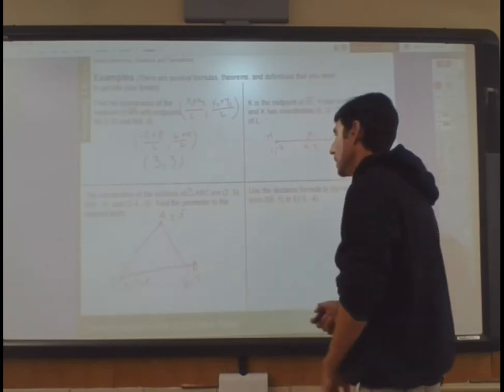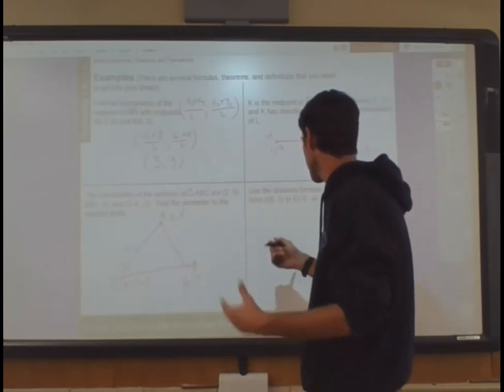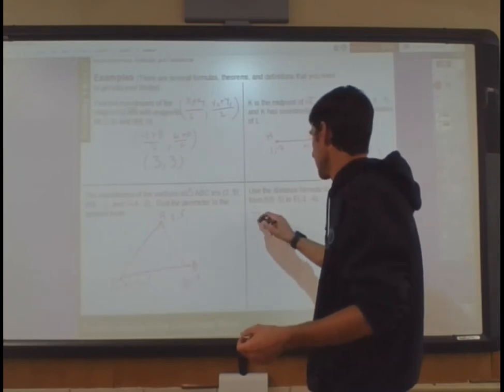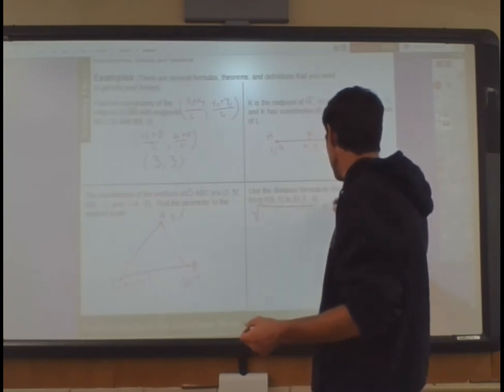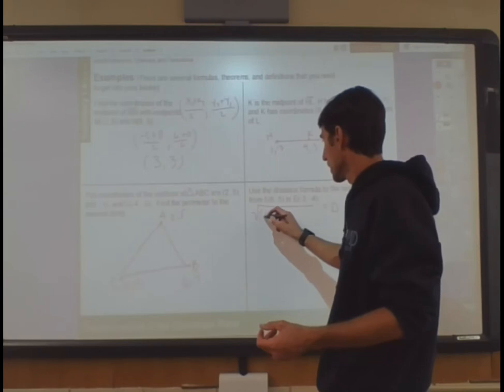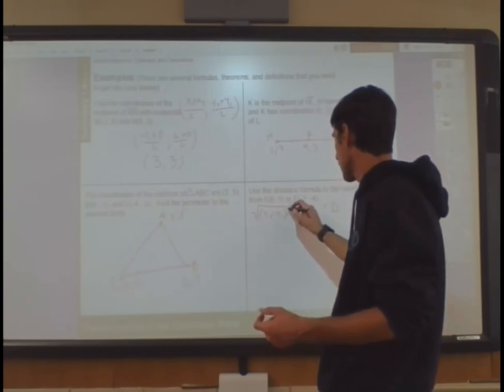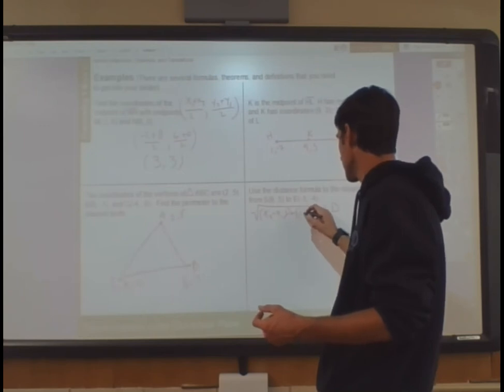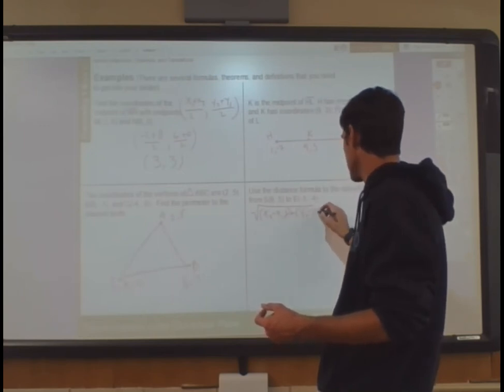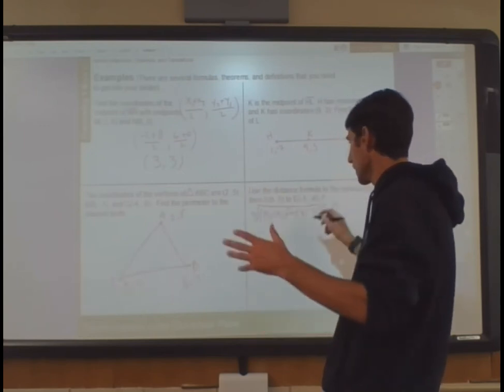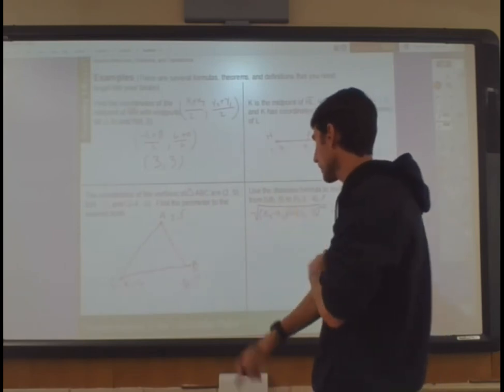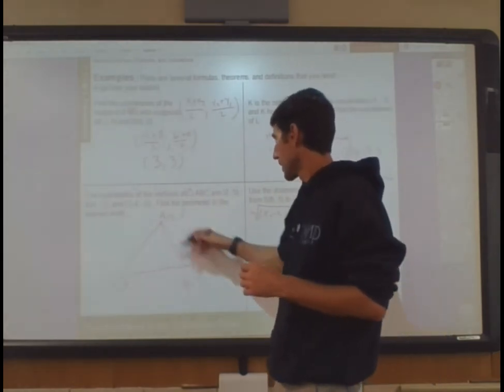All right. So the distance formula says that the distance is equal to the square root of the difference in the x values squared plus the difference in the y values squared. All right, so let's do AB.